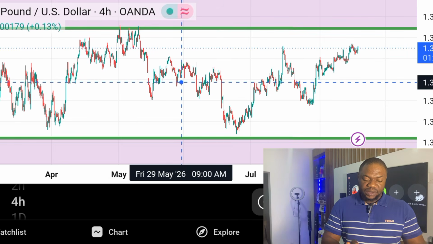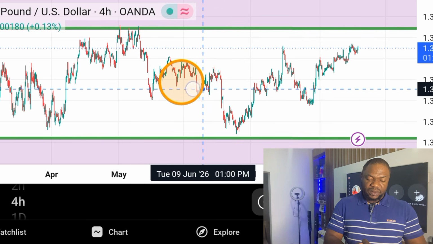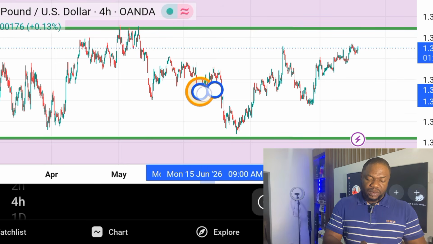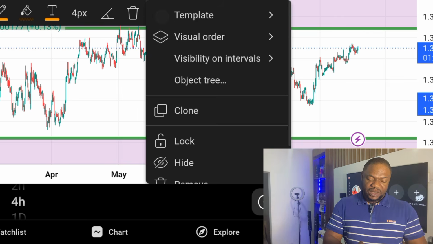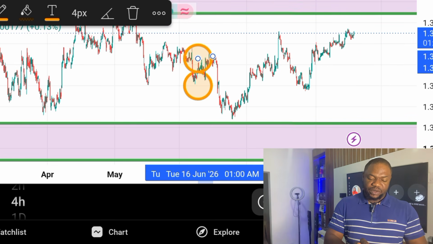Now, look at this chart. You see that here you have a shoulder here, right? You have a shoulder here. Now you have another shoulder here.